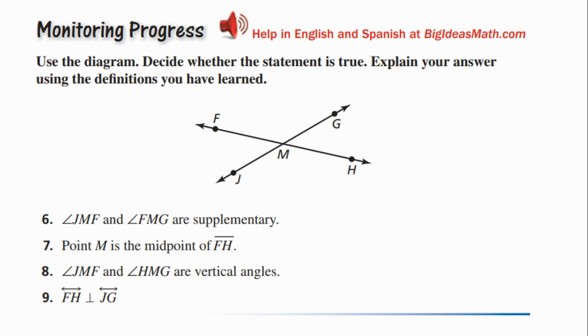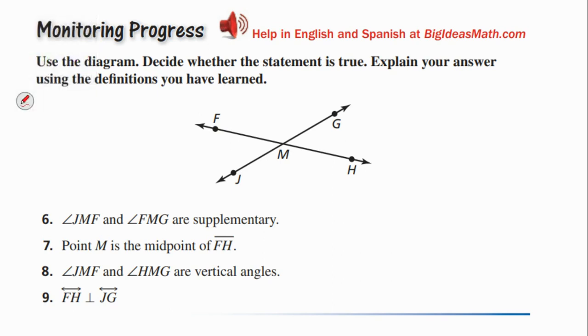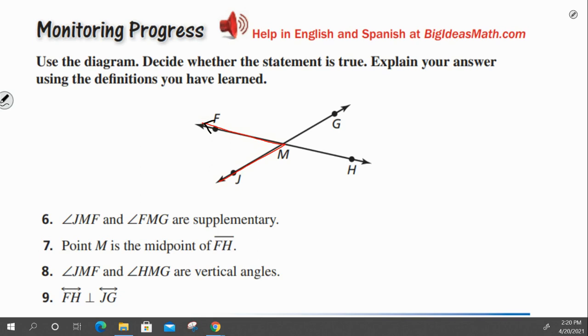So the first one is talking about angles JMF and angles FMG, and we want to know if they are in fact supplementary angles. So it might be useful if we talk about what the definition of a supplementary angle is. So let's identify. So we get JMF right here.